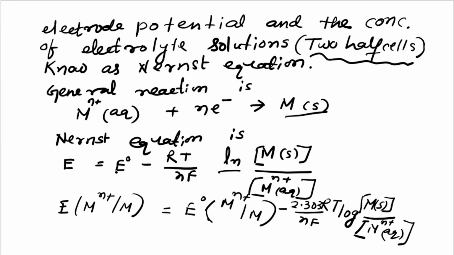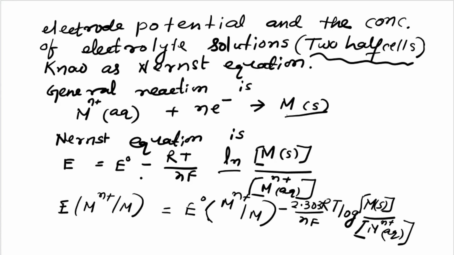The Nernst equation is E equal to E0, listen carefully, that means E, the electrode potential, equal to standard electrode potential minus RT by nF, ln of the concentration of M solid divided by the concentration of M n plus, aqueous.